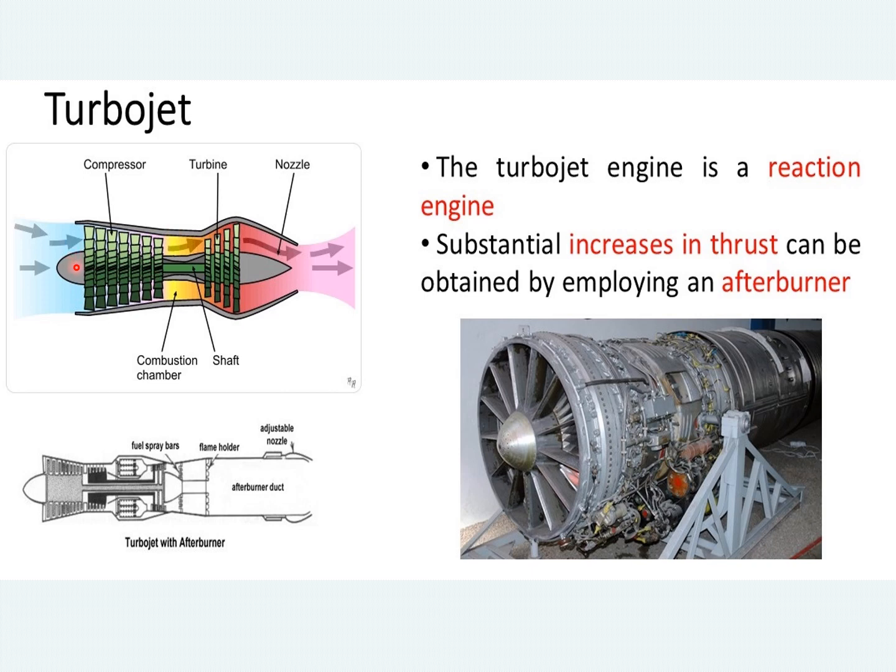Turbine and compressor are connected through a shaft. That means when the turbine rotates, the compressor also rotates. It will suck more air into the engine. After rotating the turbine, that means after doing some work in the turbine, the gas expands in the nozzle. That's how we get thrust in this engine.